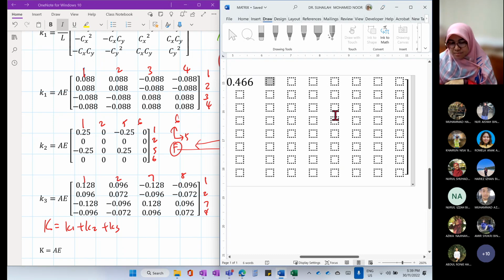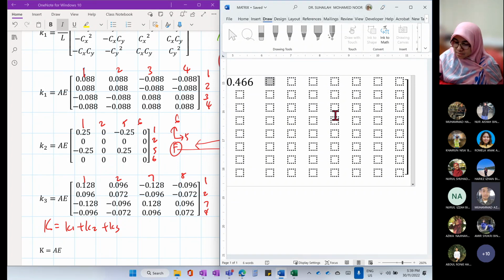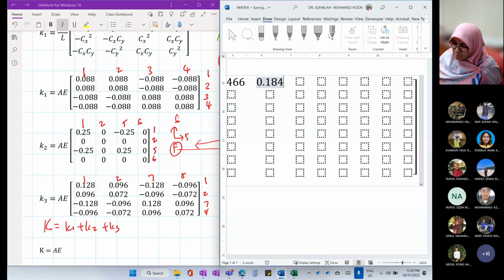What is the value? 0.184. Okay, move to 1,3.